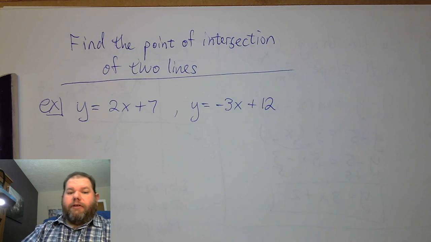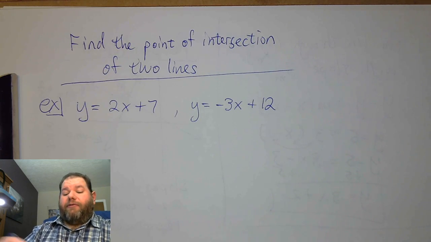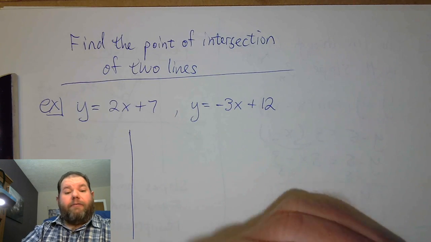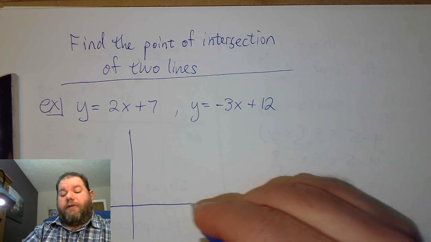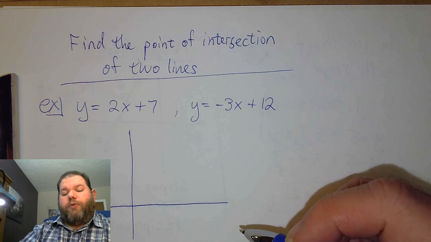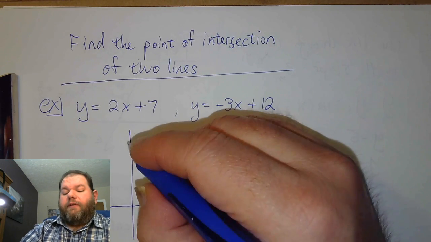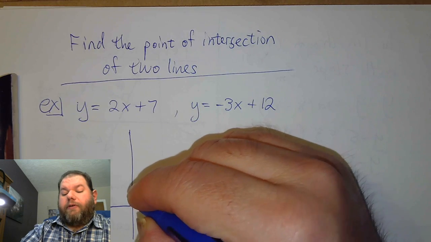Now, graphically, we know that we can sketch these two lines, but unless we're making perfect sketches, it's going to be hard to tell exactly where they meet. For instance, let's mark this off.